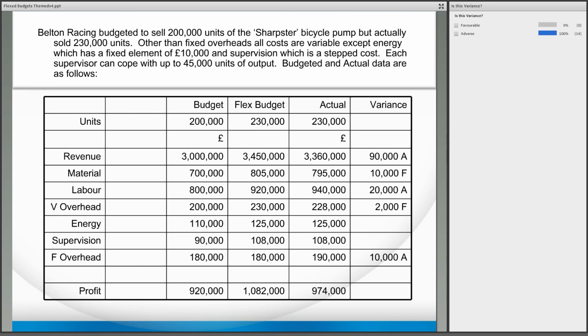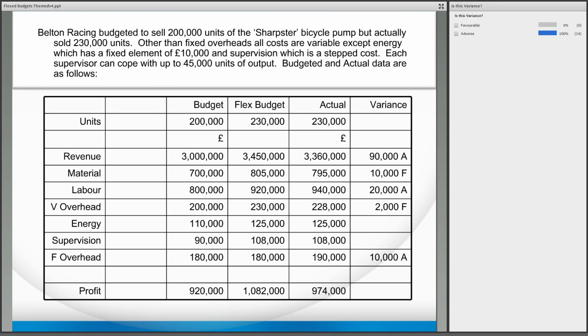Now, originally we had an original budget to sell 200,000 units, make £920,000. In the event we sold a lot more, which should have given us a profit of 1,082,000. Plainly, looking at the difference in revenue and some of the other differences, things didn't quite work out that way.